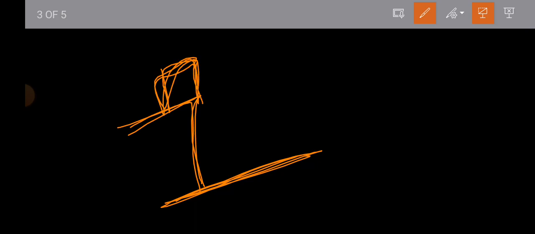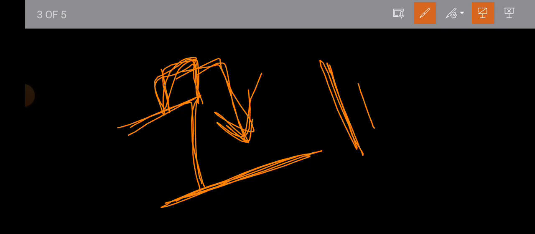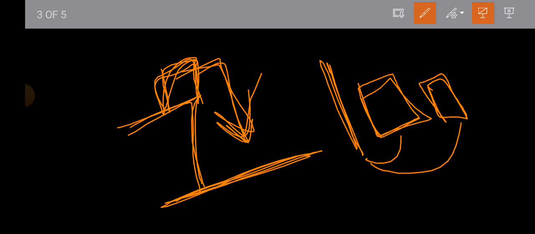When this jar falls, there is not much difference between the path of body 1 and body 2.